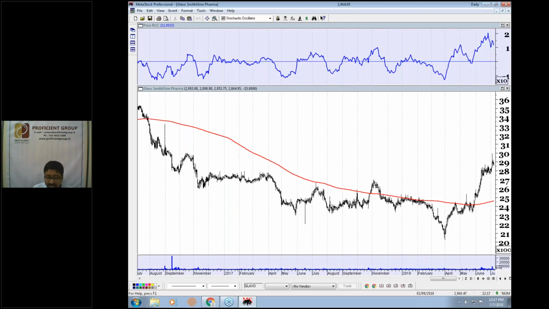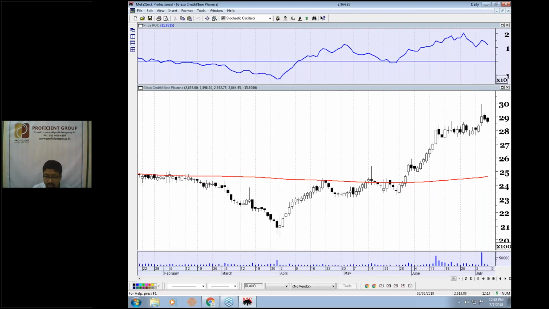And we can also see the series of higher bottoms here on the daily chart. So there is a possibility that it continues to go higher. And if it manages to go above 2900, that will give more confidence that the longer term uptrend is really asserting itself.